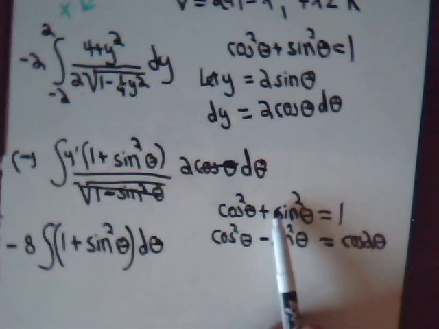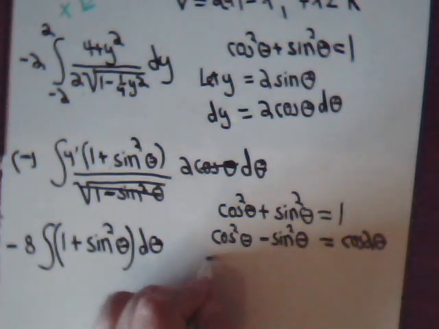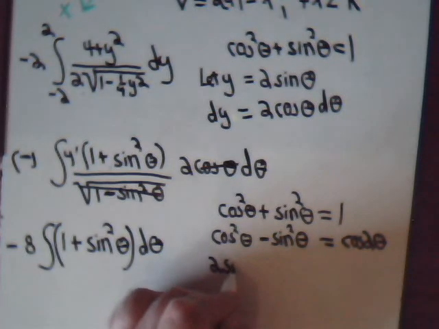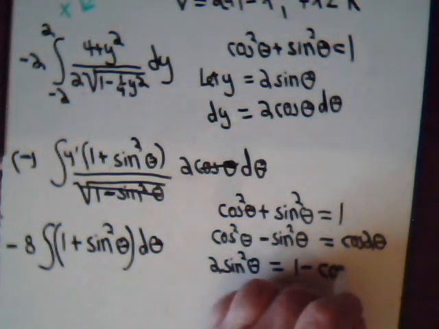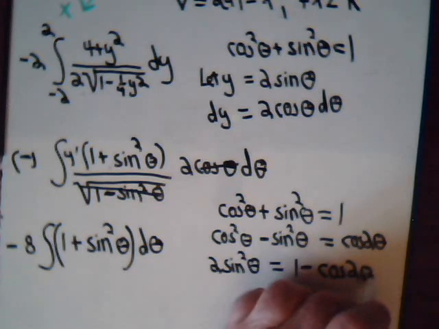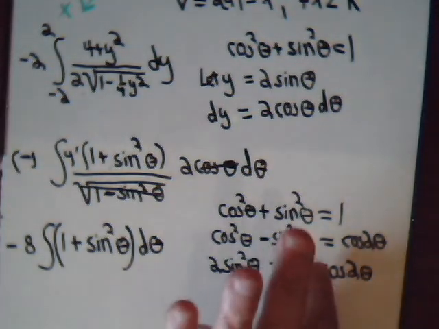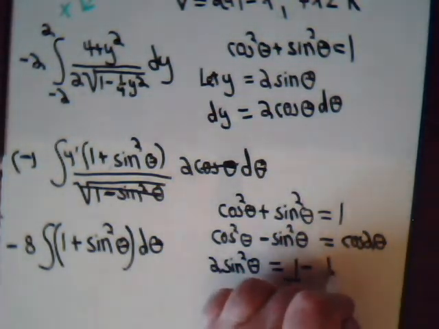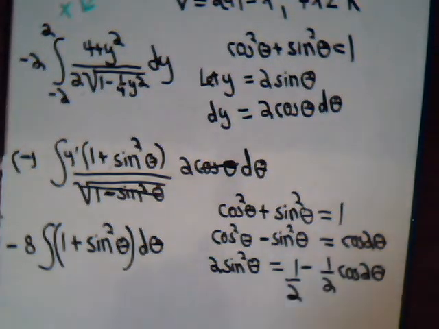So if we subtracted this minus this, we would have that 2 times the sine squared of theta will equal 1 minus the cosine of 2 theta. Or the sine squared of theta will be 1/2 here minus 1/2 the cosine of 2 theta. That's the sine squared of theta.